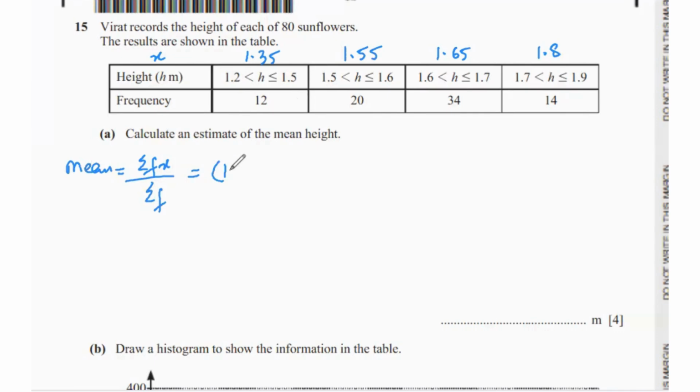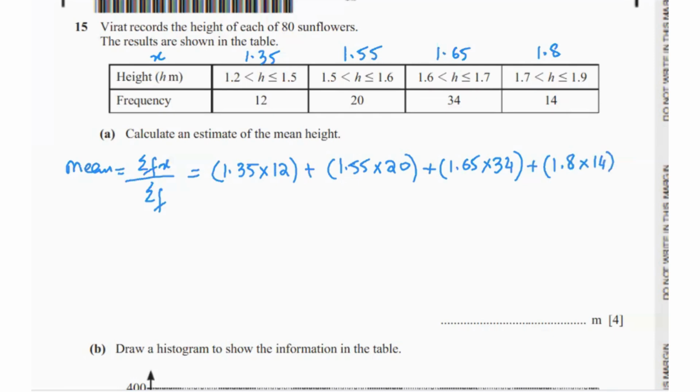So that's going to look like 1.35 times 12 plus 1.55 times 20 plus 1.65 times 34 and then 1.8 times 14. This is your sigma fx, and then you divide it by sigma f, which is the sum of frequencies. Sum of frequencies is already given in the question as 80, so you just write it as it is.